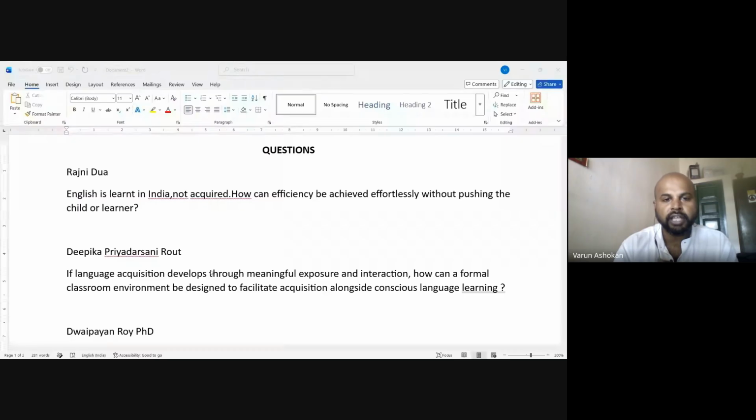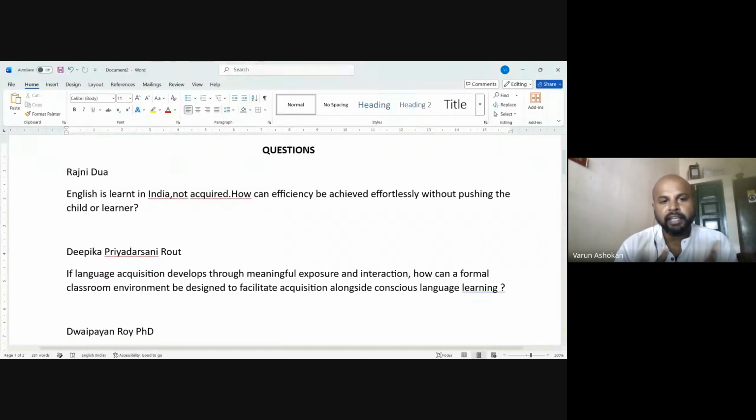We need to allow the child to learn the language. We need a space to use the language in the classroom environment. As we all know, there are different methods of language teaching. Probably you will come across them in the pedagogy of language learning.